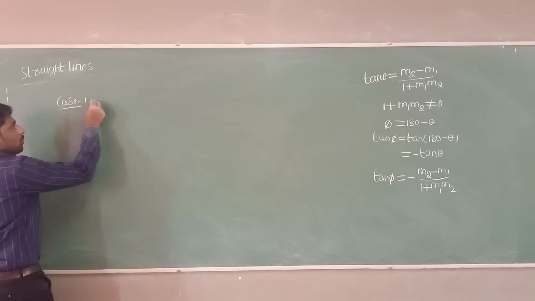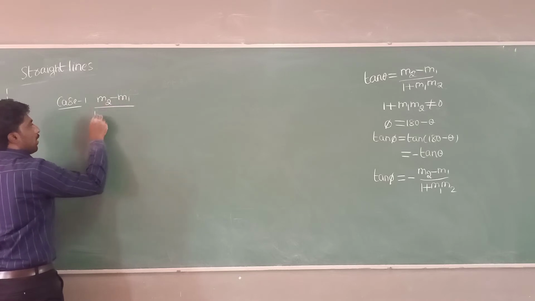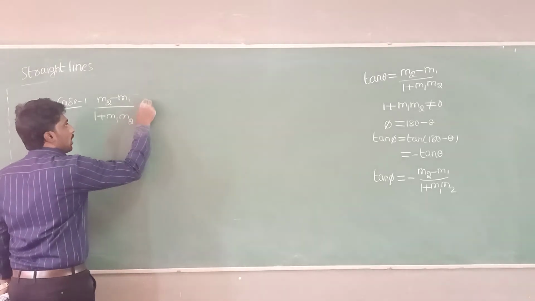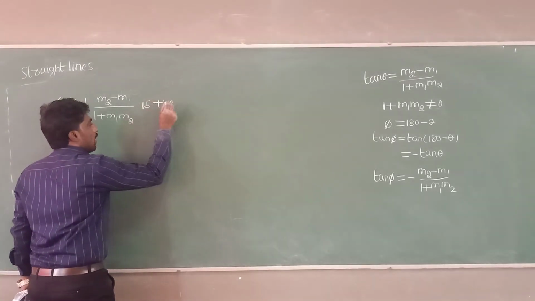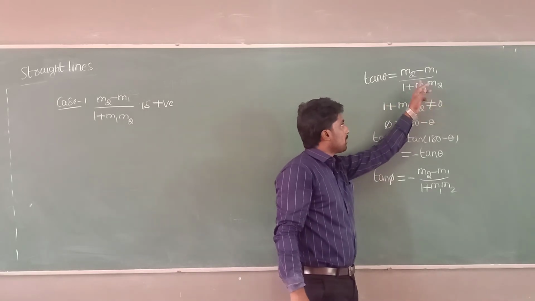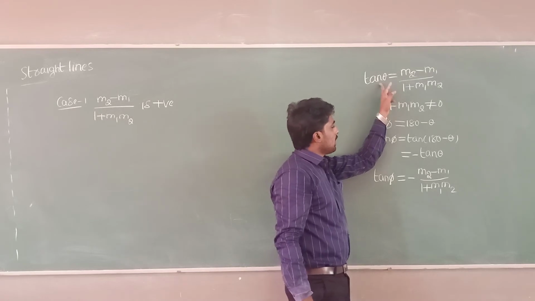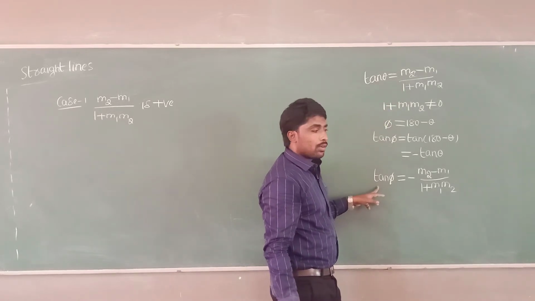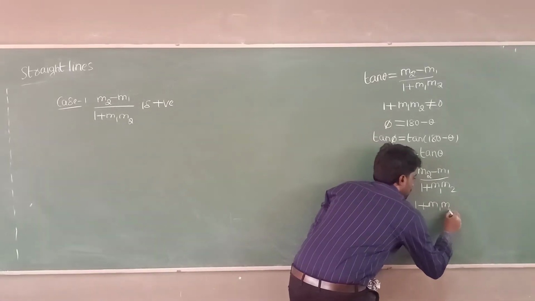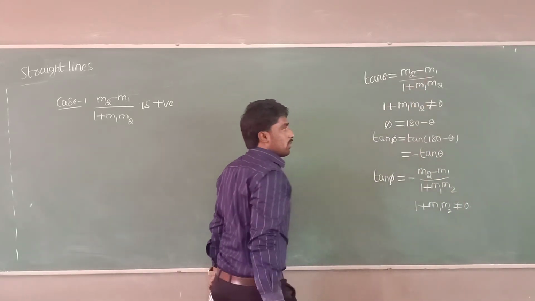Case 1: suppose m2 minus m1 by 1 plus m1 m2 is positive.